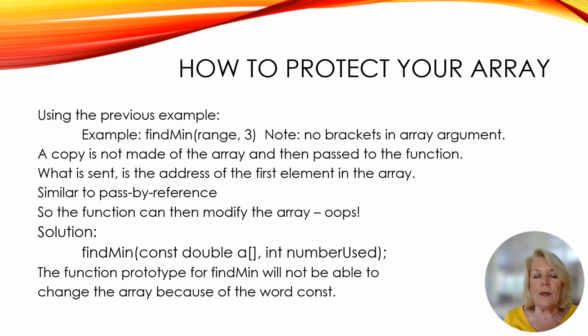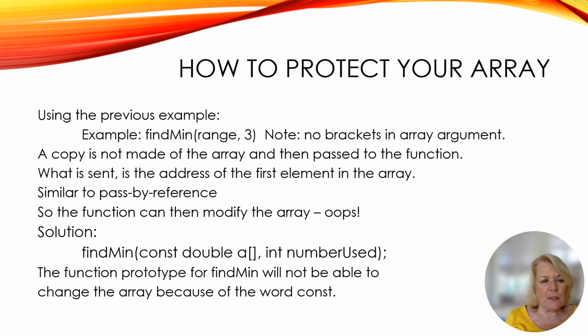Now that the function has the address, we don't want it to change that array. So what you can do is put const in front of the name of the array in the argument list, and that will prevent the array from being changed.